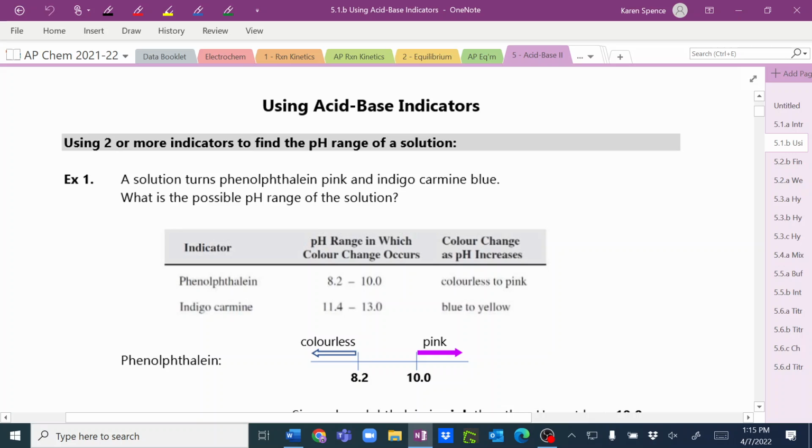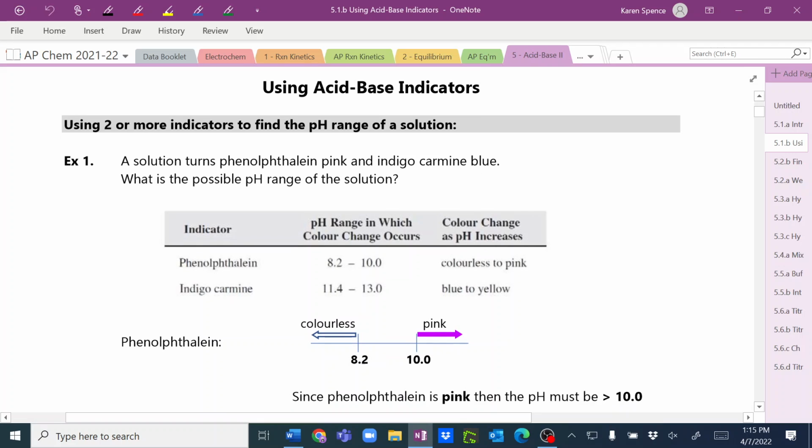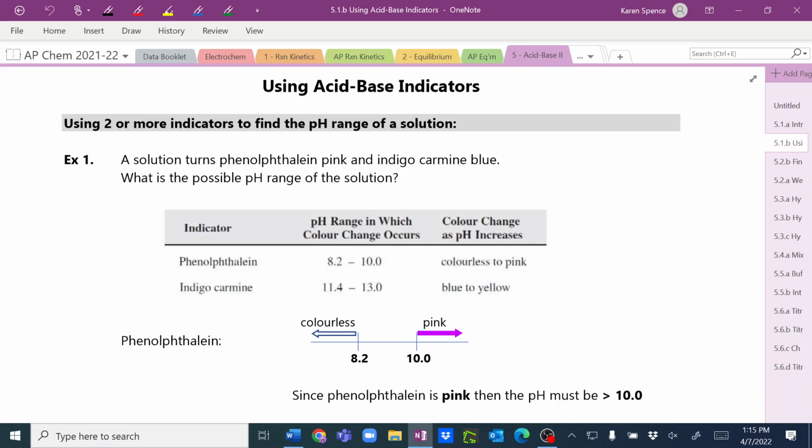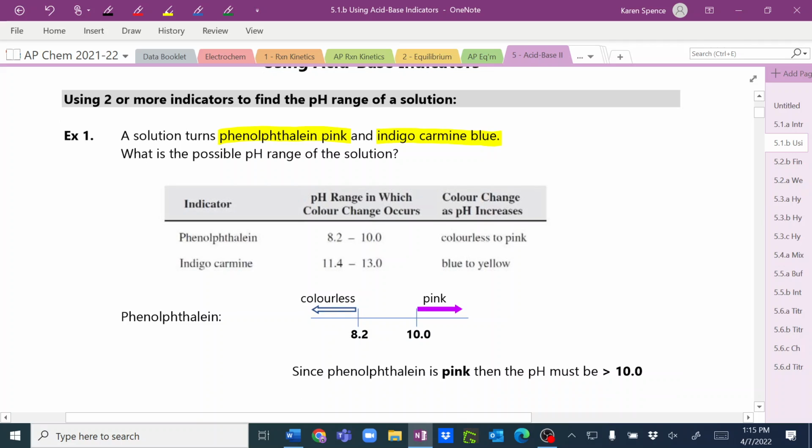Using acid-base indicators. You can use two or more indicators to find the pH range of a solution. So if you have a solution that turns phenolphthalein pink and it turns indigo carmine blue, what is the possible pH range of the solution?